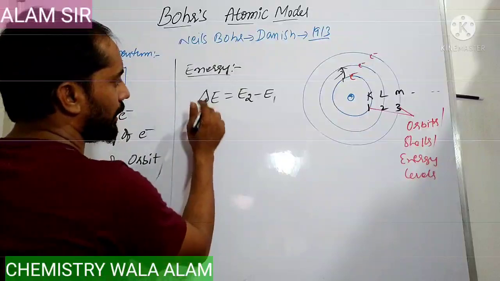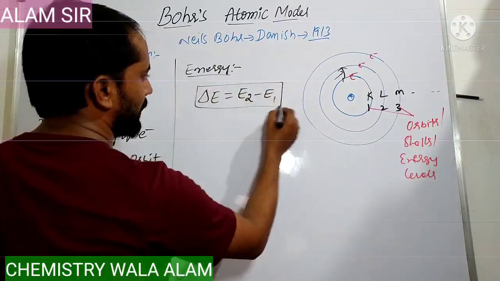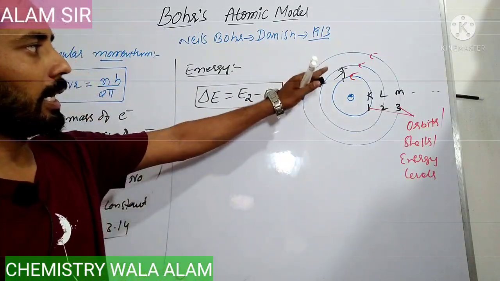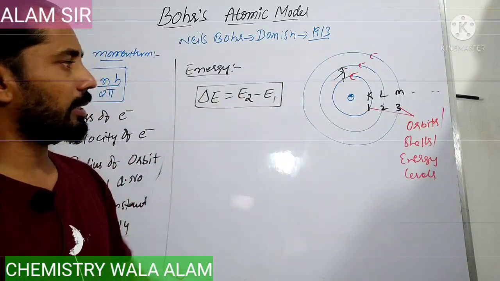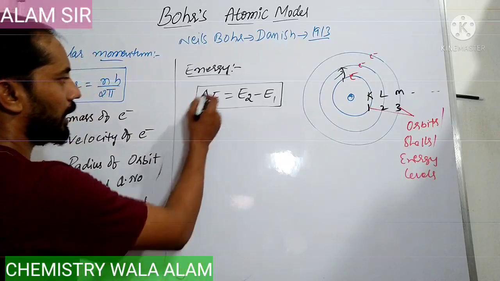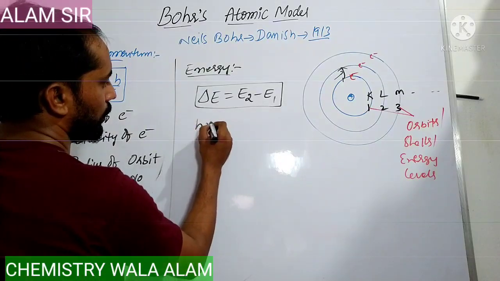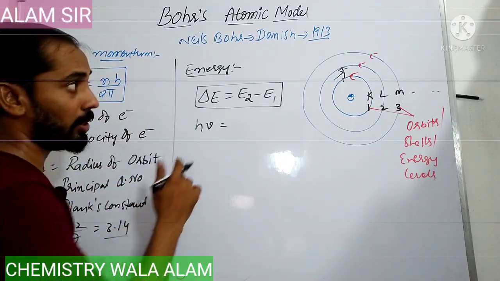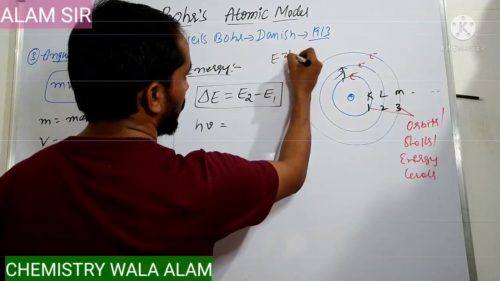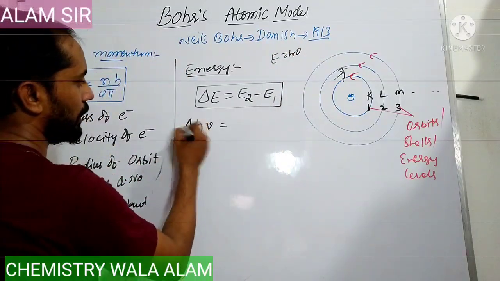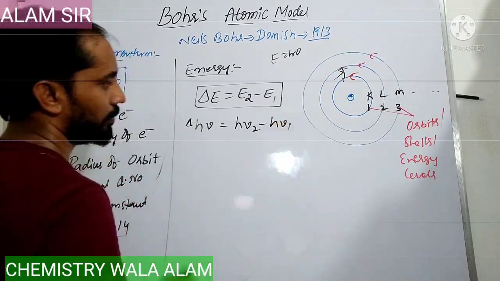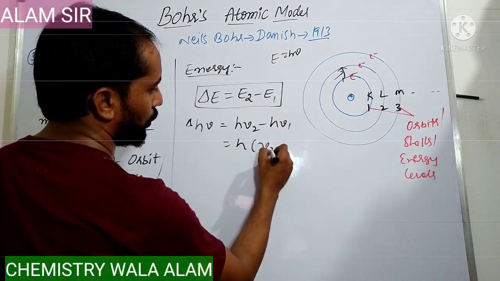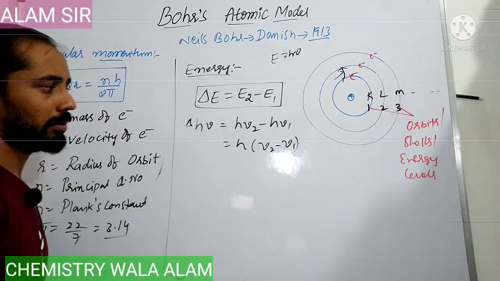So the change in energy is equal to E2 minus E1, that is, higher energy level minus lower energy level. Here delta E is equal to h nu. According to Planck's equation, E is equal to h nu. Change in energy is equal to h nu 2 minus h nu 1, or h times nu 2 minus nu 1.